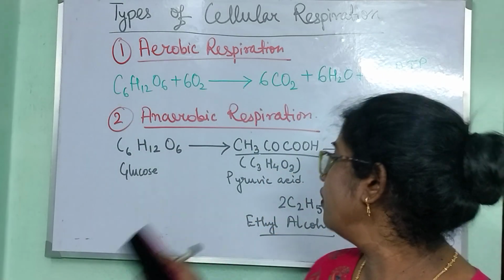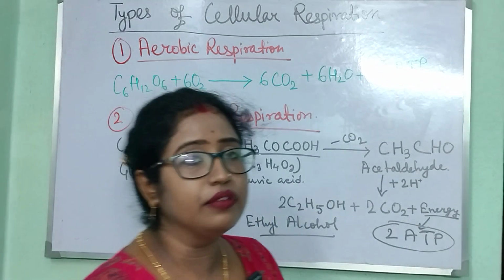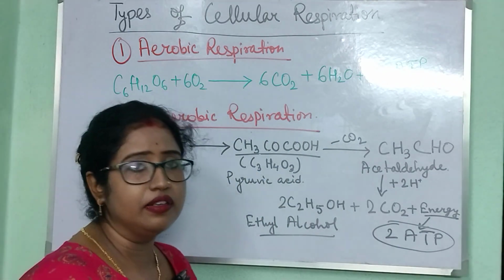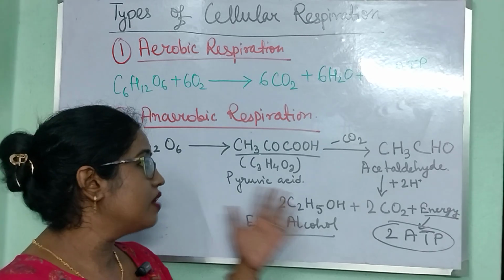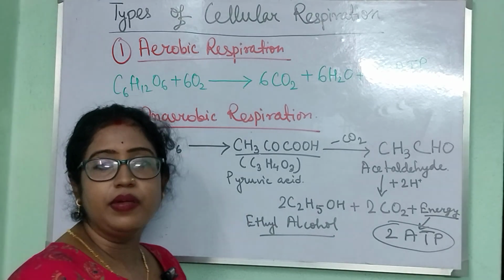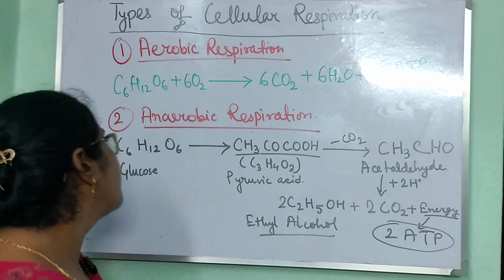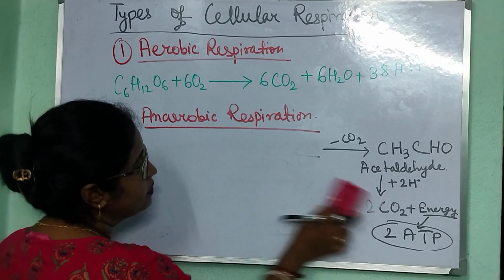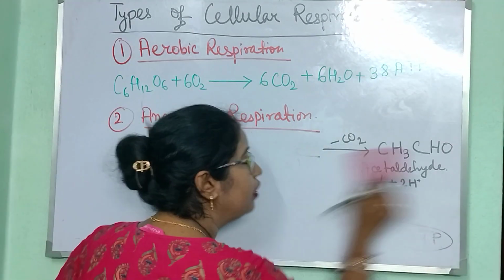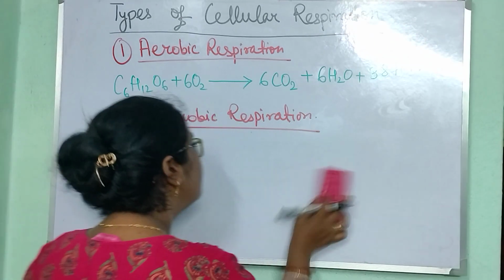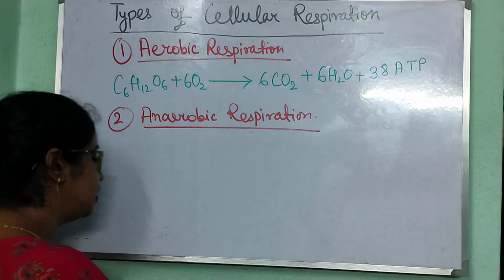So this is the anaerobic pathway in yeast and some other bacteria like lactobacillus, and this process also occurs in tapeworms and roundworms. Another anaerobic respiration occurs in our body also in lack of oxygen or oxygen deficient conditions.